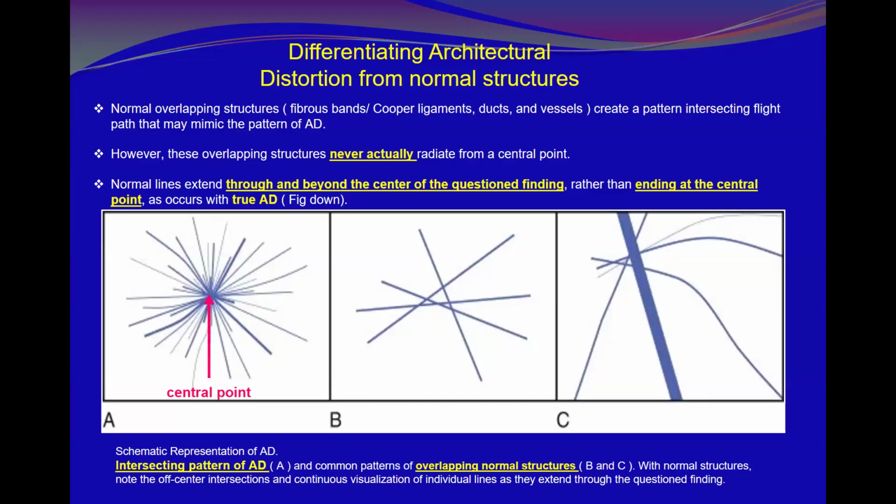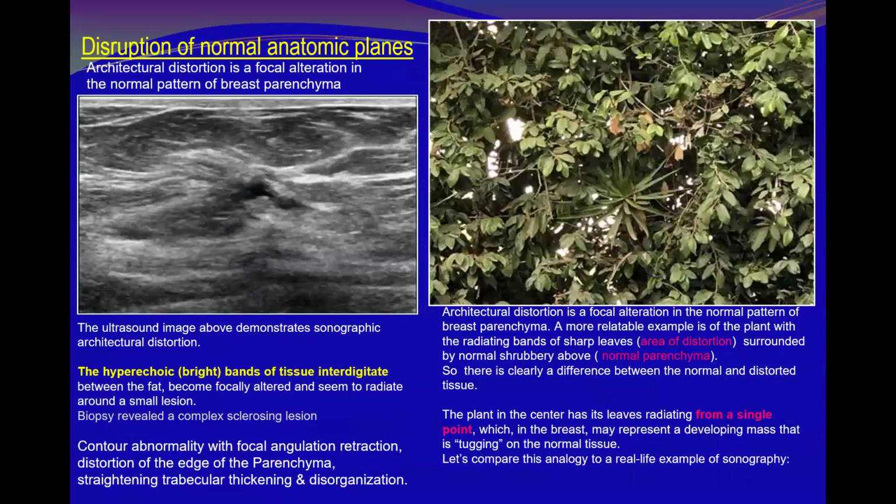But if it is pointing to a central point, as in this case, you can see here, all structures pulling to a central point, that we call an architectural distortion, or this is the interesting pattern of architectural distortions.